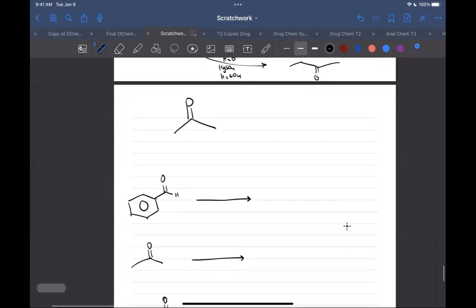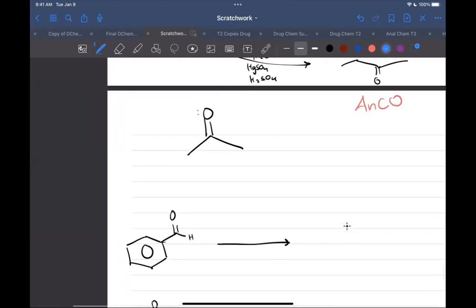Now let's bring a new type of reaction, the ANCO reaction. So the general pattern is, well, if you have any kind of carbonyl, this carbon is partially positive, right? And these electrons here on that carbonyl oxygen have an affinity for protons.